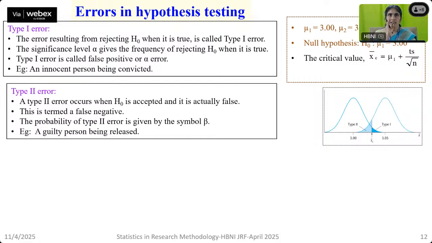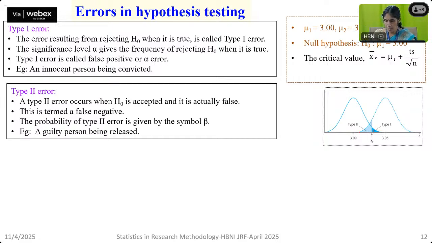If I set a confidence level of 95%, 5% of the total area is out of the consideration zone for mu1. The darker blue shaded portion corresponds to the area which is not under consideration in the confidence interval for mu1.